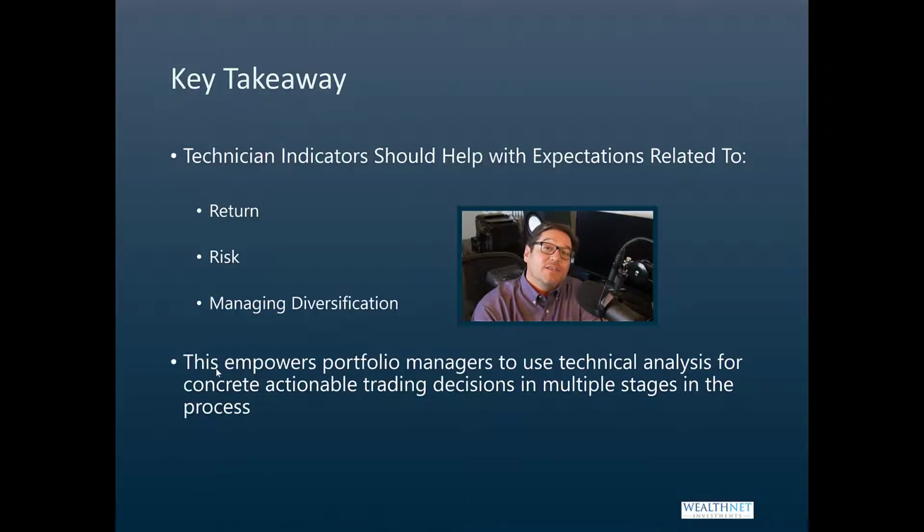Okay, so the key takeaways on this section of this presentation is that technical indicators should be used to help with expectations related to, number one, your return expectation, number two, your risk expectations, and managing your diversification. And this empowers the portfolio manager to use technical analysis for concrete tradable actions in a lot of different ways.